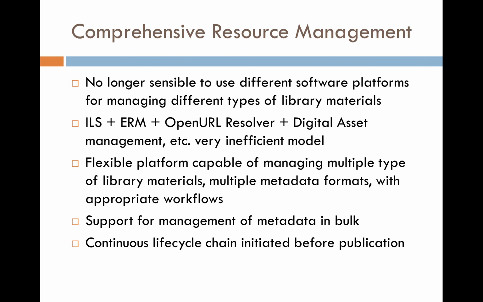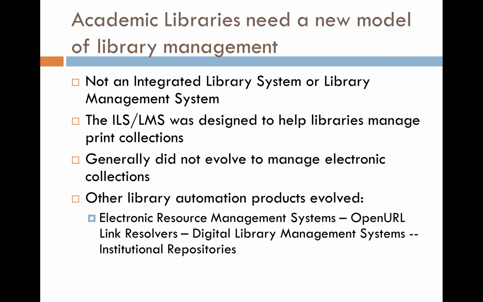So I would say that we need to take a step back, either evolve the systems or revolutionize systems so that they are a better match to what actually happens in academic libraries today. Get away from a pieces and parts approach to something that's more comprehensive, unified, service-oriented, and so forth.